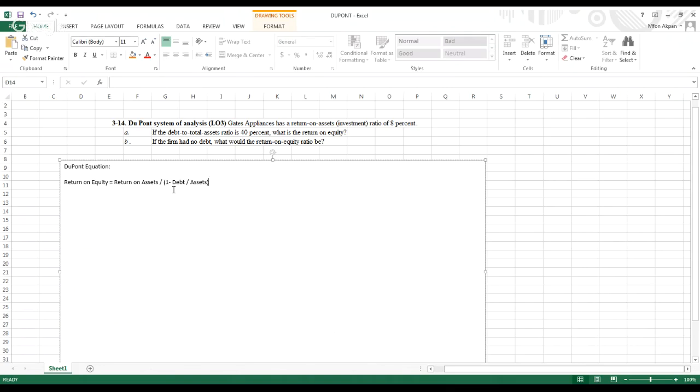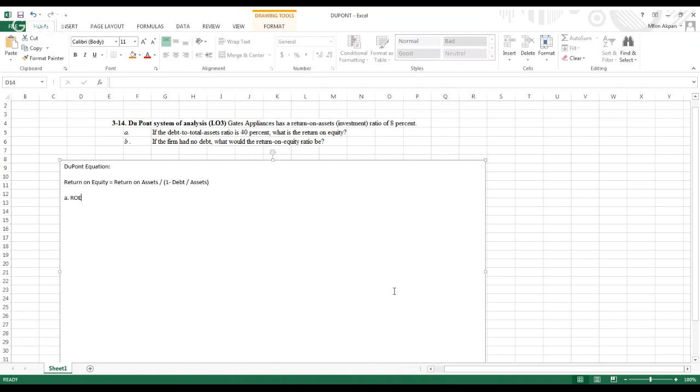So let's take a look at letter A. Letter A is asking us if debt to total asset ratio is 40%, what is the return on equity? Also, we can abbreviate return on equity by just typing ROE.